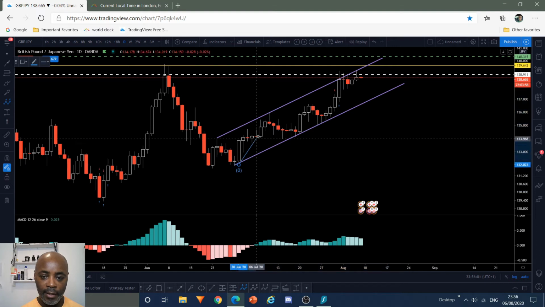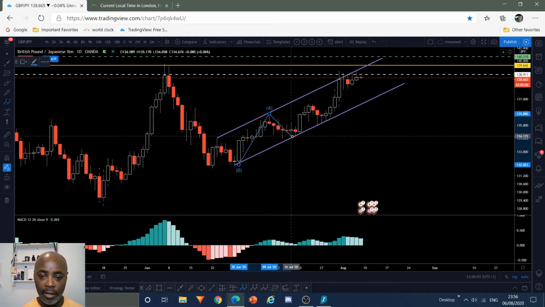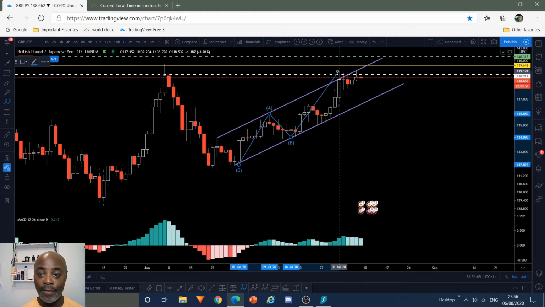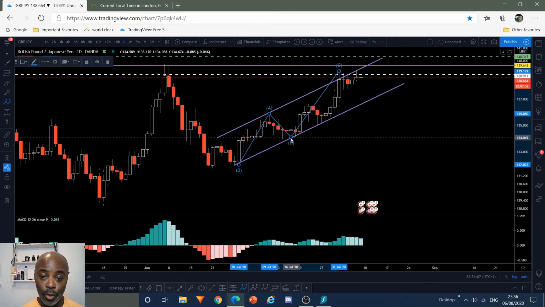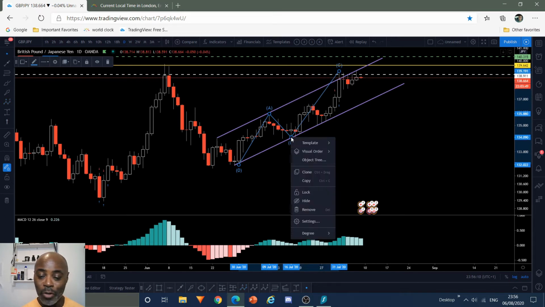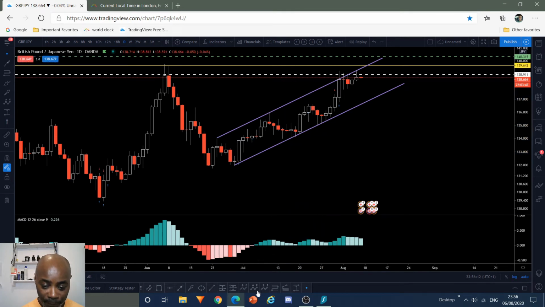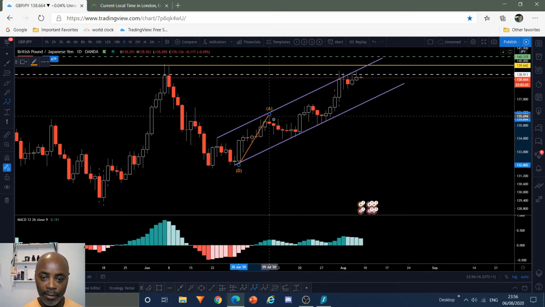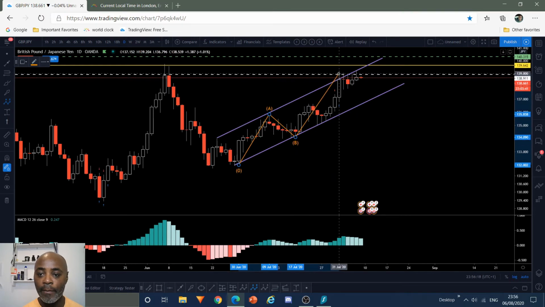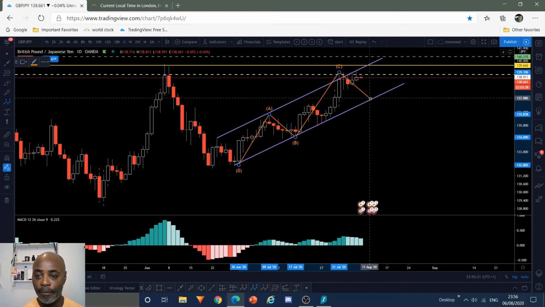This is basically like an Elliott wave count. I've used the wrong tool again. One moment, guys. Sometimes there are so many tools involved. That's the tool I need. That's better. You get the idea of what I'm thinking here.